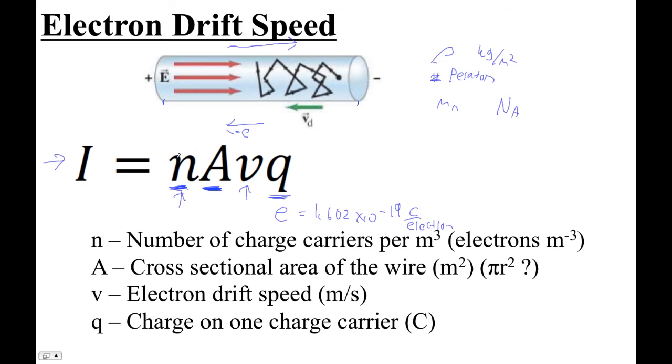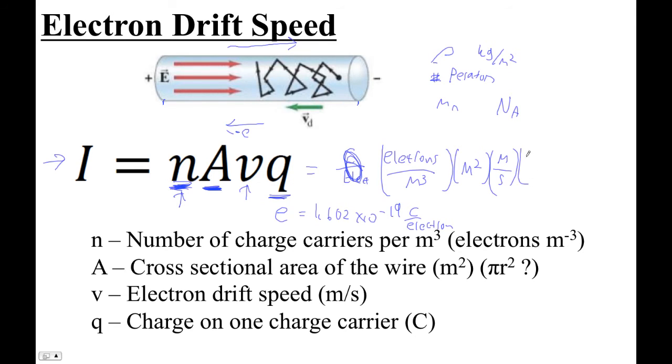Now, if you look at the units, we can figure that out. The units of q are coulombs per electron. n is electrons per cubic meter. Area is square meters. Velocity is meters per second.